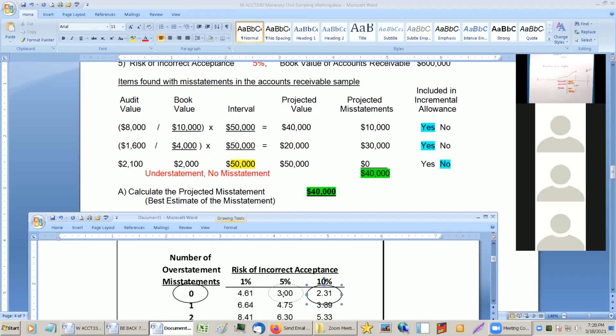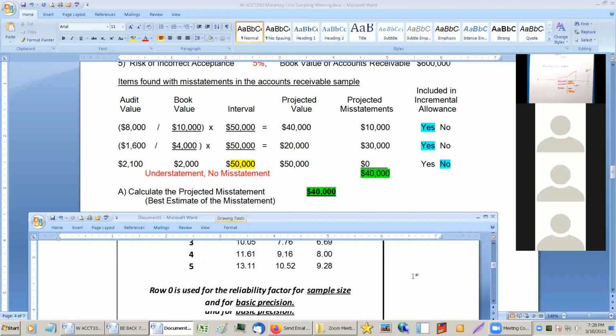If you didn't have any errors, that's what it would look like. So basic precision is, okay, we don't have any errors. The sample still could be off because it's a sample. So we're going to use the 5% at row 0.